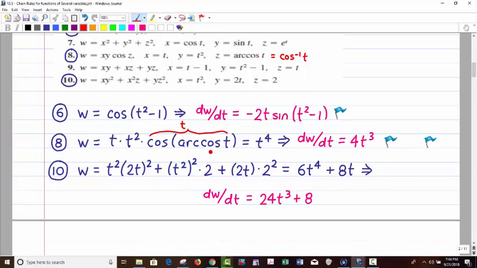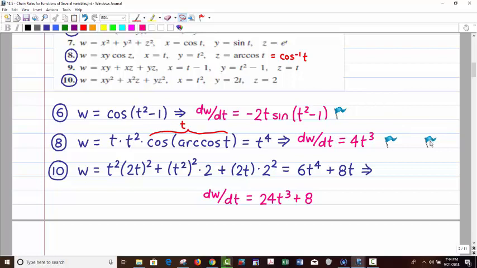Cosine of arc cosine of t are inverse functions, so the answer is just going to be t. So all you have is t times t squared times t, which makes t to the fourth. And that cleans up real nicely. So now all you're doing is taking the derivative of t to the fourth, which becomes 4t cubed.